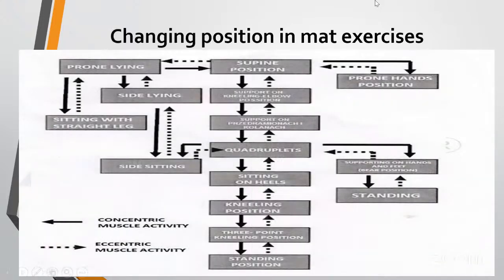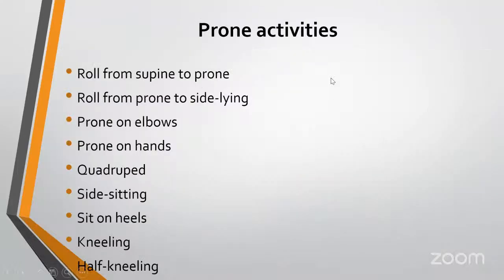So there are various positions in which we are going to carry out this exercise. They involve rolling from supine to prone. They involve also returning from prone to sideline, from prone to elbow position, from prone to prone on hands, to quadruped position, to side sitting, then to kneeling, and to half kneeling, then to standing up erect.